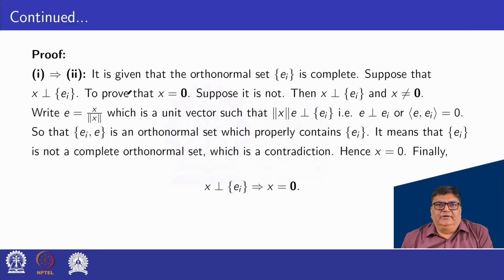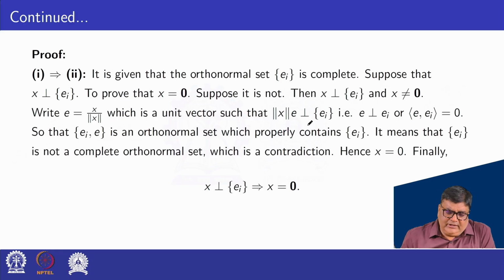Suppose it is not, then x perpendicular to Ei and x not equal to 0. Write e is equal to x upon norm of x, which is a unit vector, such that by cross multiplication norm x into e perpendicular to Ei.